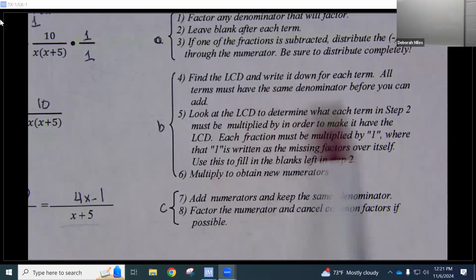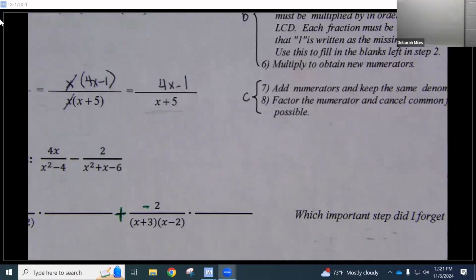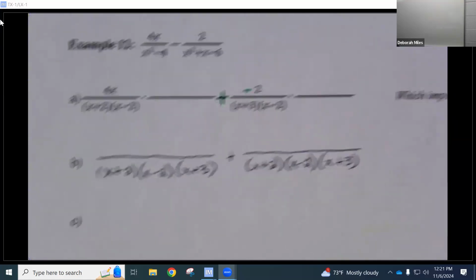That was step 4. We found the LCD and we wrote it down for both fractions. I want you to do 5, 6, and 7. Steps 5, 6, and 7.